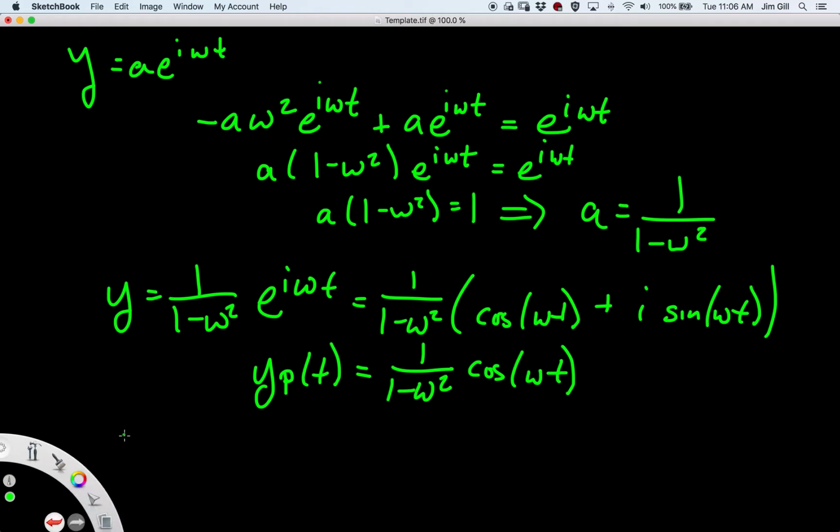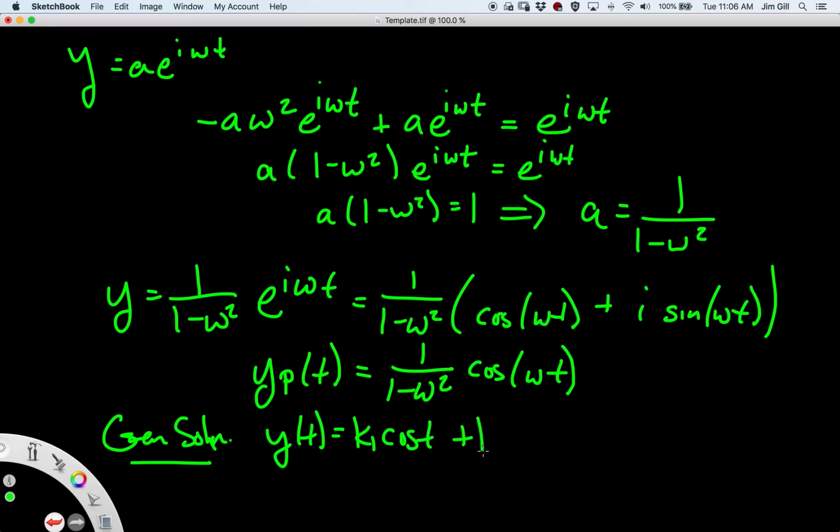We already had the homogeneous solution, so the general solution is as follows. y of t is some constant k1 times cosine of t plus another constant k2 times sine of t plus 1 over 1 minus omega squared cosine omega t. So that's our general solution.